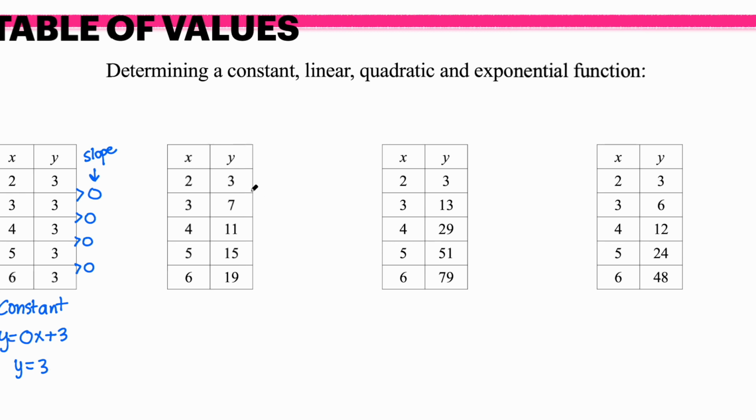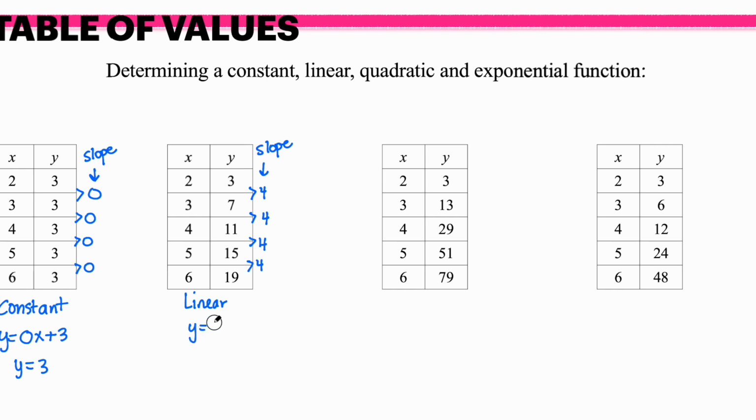Now in the next table, if I figure out the difference between each y value, 3 to 7 is a difference of 4. 7 to 11 is also a difference of 4. 11 to 15, 4. And 15 to 19, 4. Because the first difference is the same, we would also say that this can be our slope. And this is what we would call a linear function.